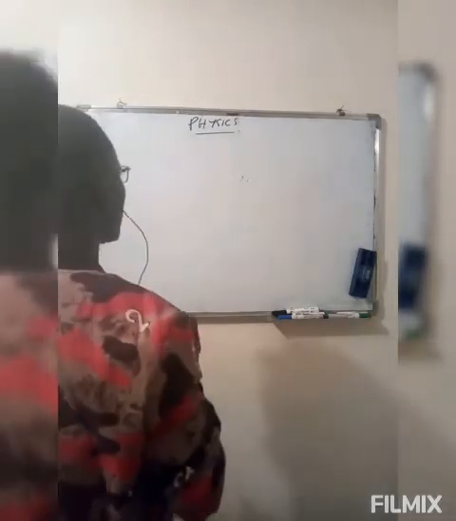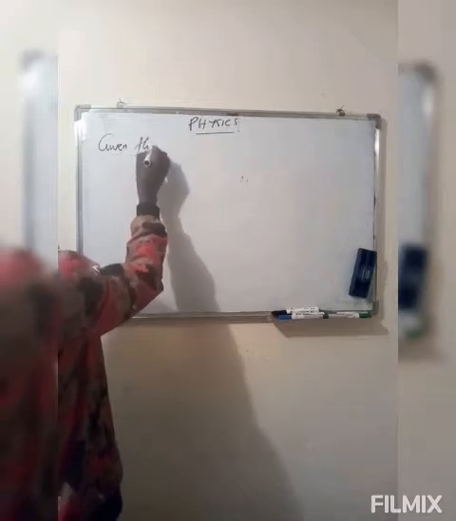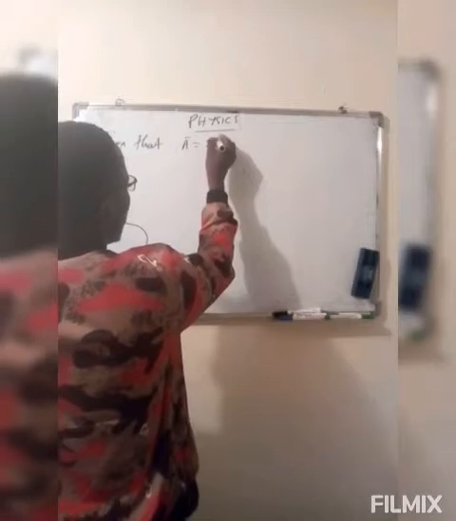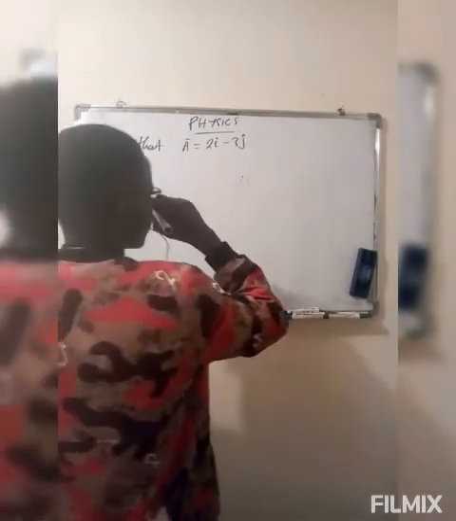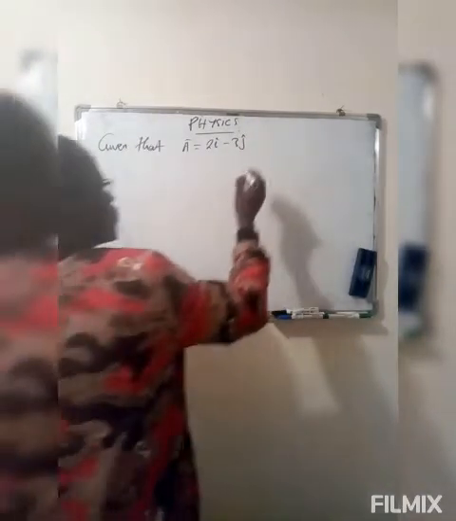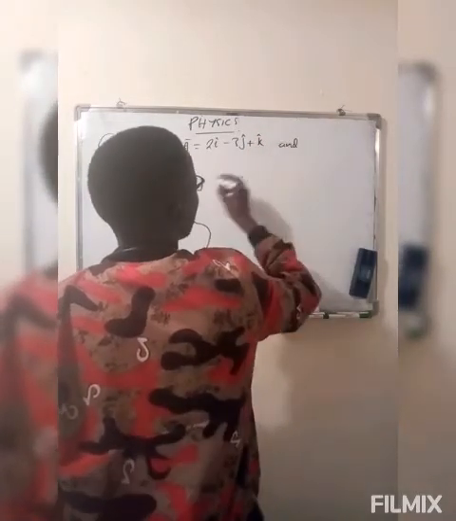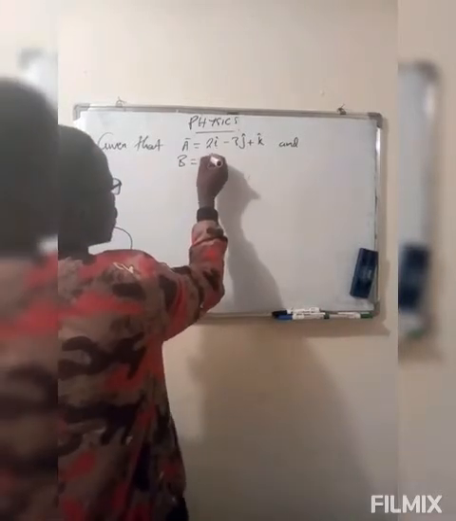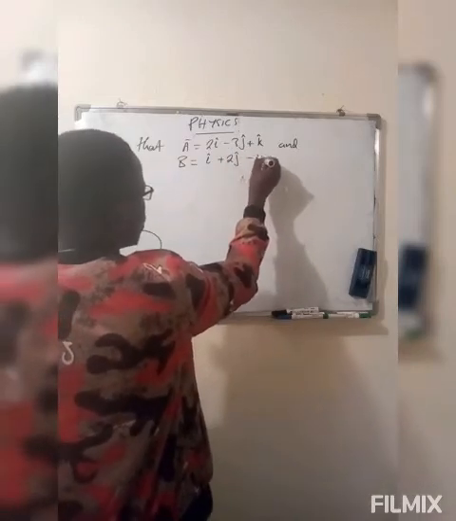Okay. So, all right. So let's say, given that the vector A is equal to 2i minus 3j, then let's say plus k. And B is equal to, let's say, i plus 2j minus 4k.